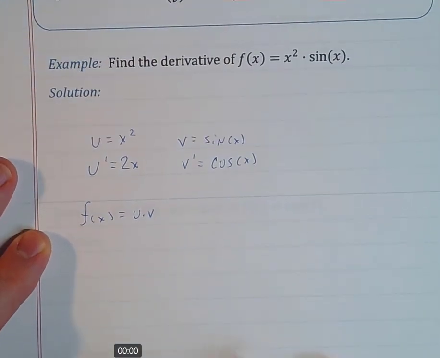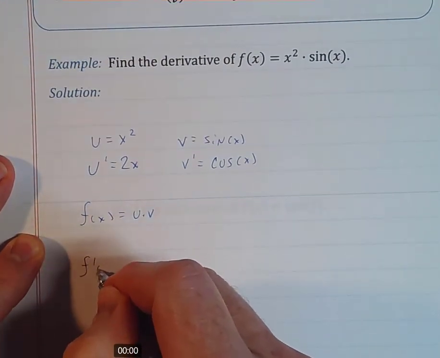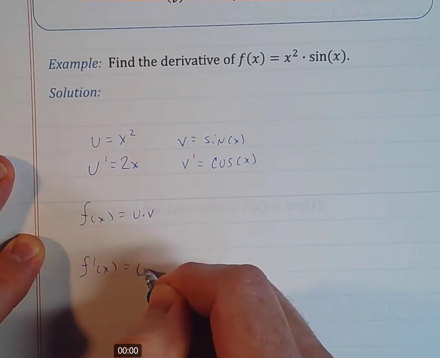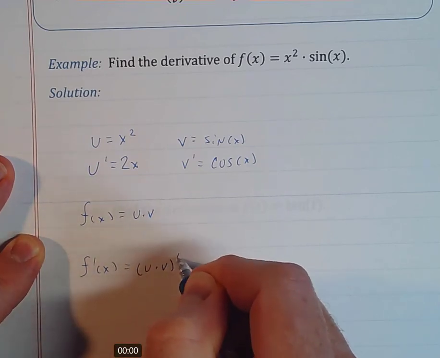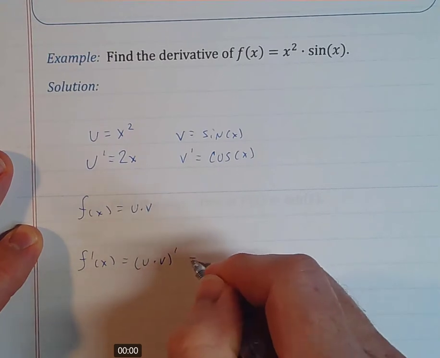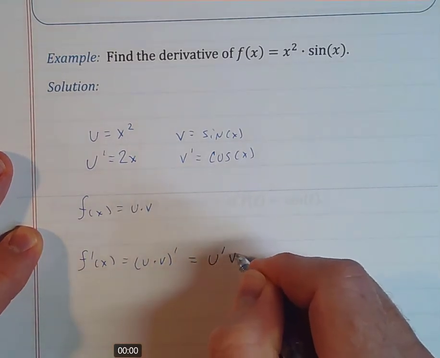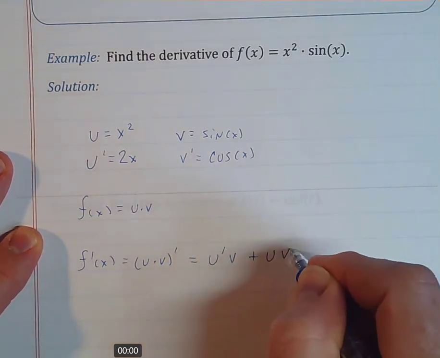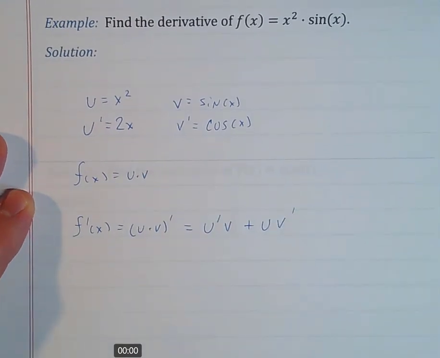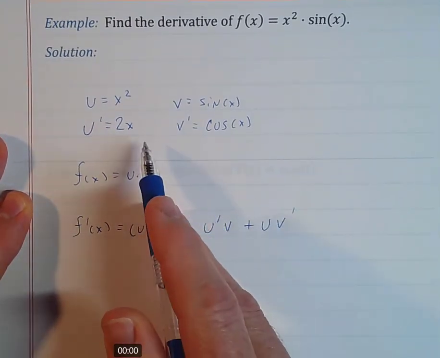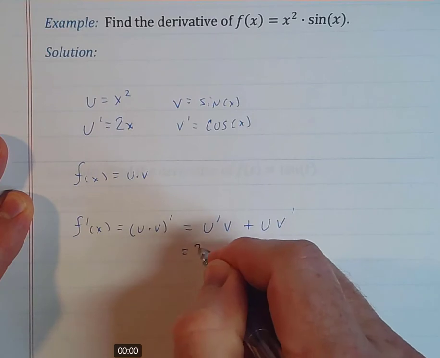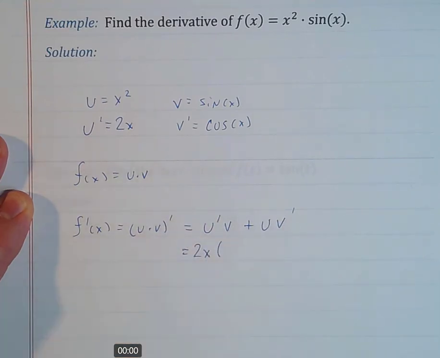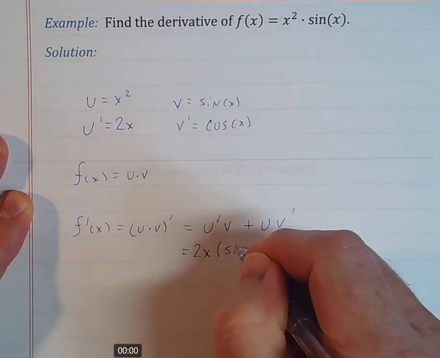And I just use my product rule here. The derivative of u times v, I just write down my product rule: u prime v plus u v prime. Let's fill it all in. u prime is 2x. v is sine of x.